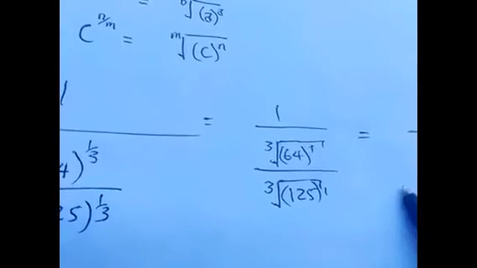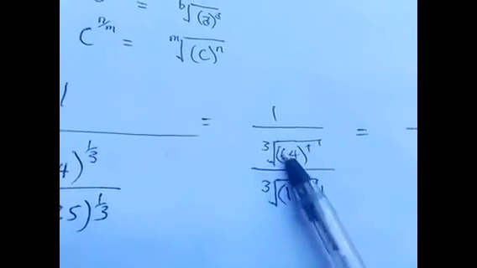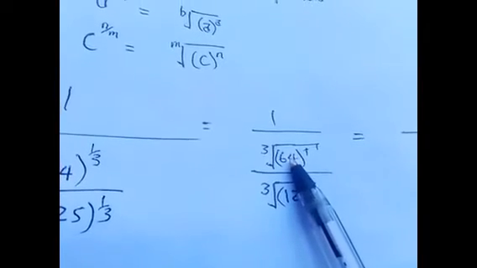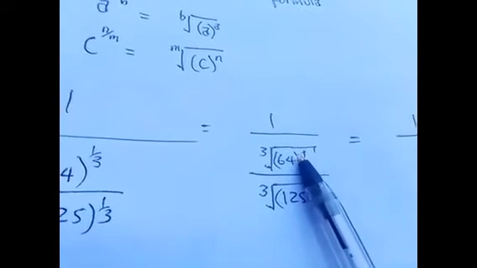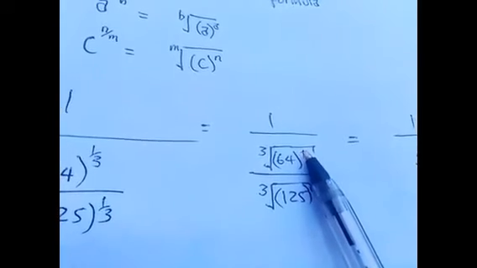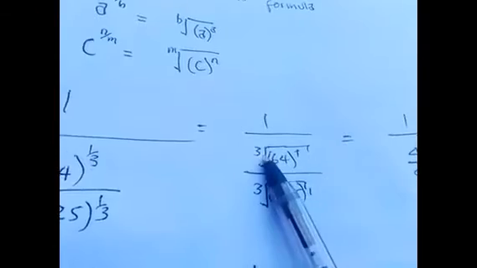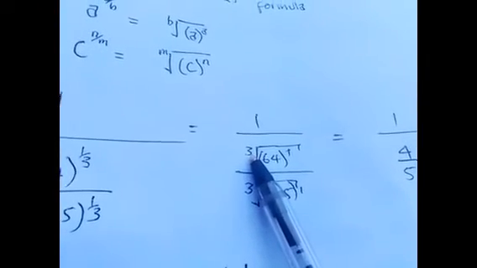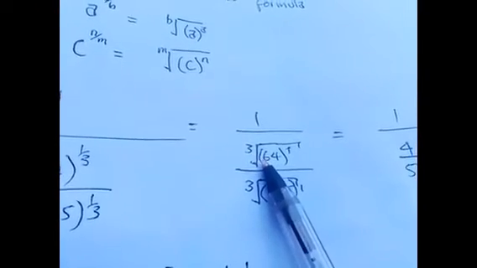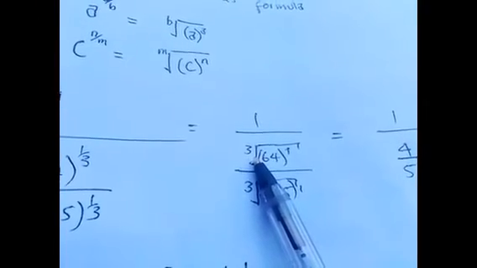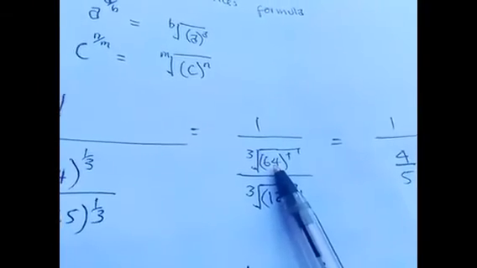So what this means is a cube root of 64, and then you raise it to power 1. So cube root from the 3 here. You are looking for the number, the same number, that has to be multiplied repeatedly 3 times, then it has to give you 64.